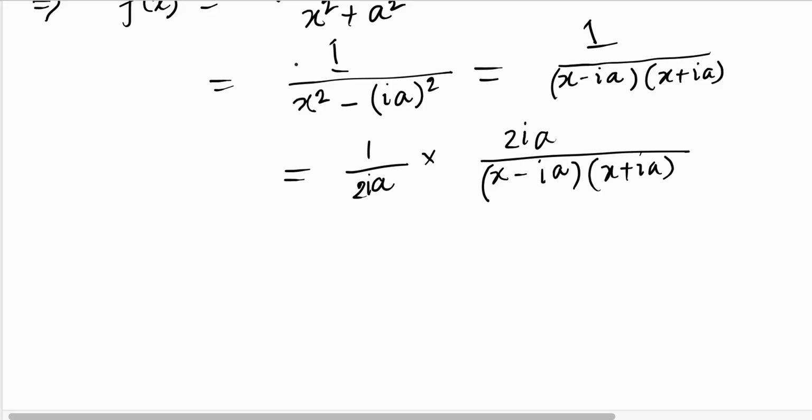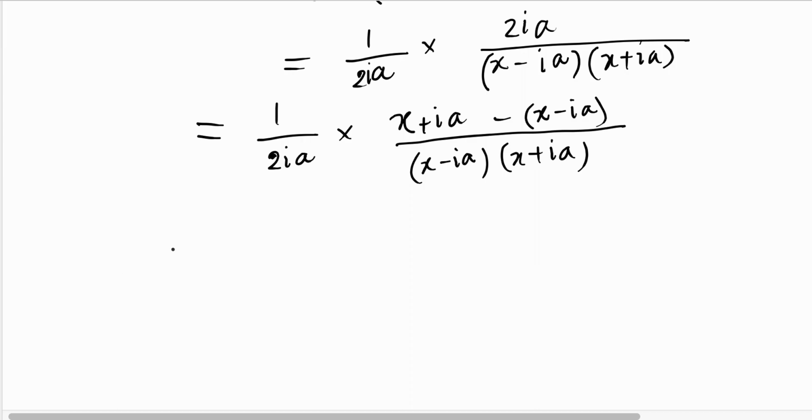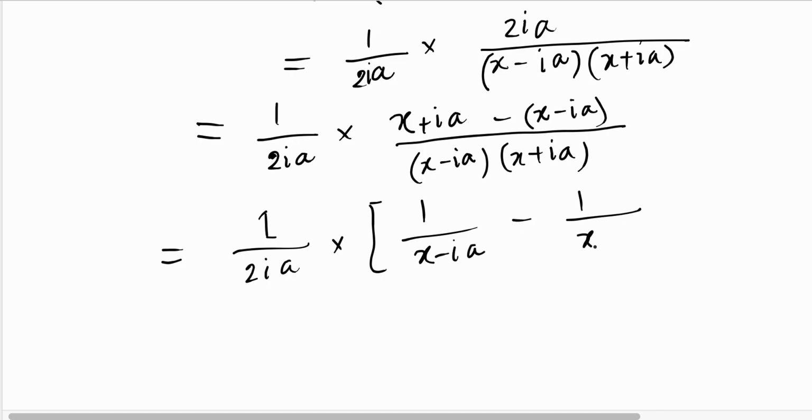This question is actually very tedious in terms of mathematics, so we have to do it step by step. So this is (x plus ia) minus (x minus ia), over (x minus ia)(x plus ia). So now you can write it in this way: 1 by 2ia, into 1 by (x minus ia) minus 1 by (x plus ia).